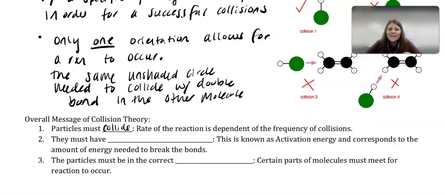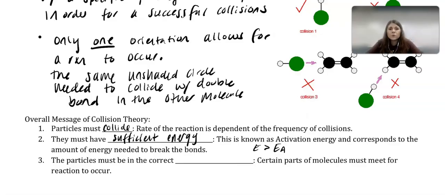So the overall message of collision theory: particles must collide. Sweet and to the point, right? Here, the rate of the reaction is dependent on the frequency of those collisions. Then they must have sufficient energy. Here, it is that energy that will be greater than the activation energy. Again, if your activation energy is 1,000 joules and you only have 999, that doesn't cut it.